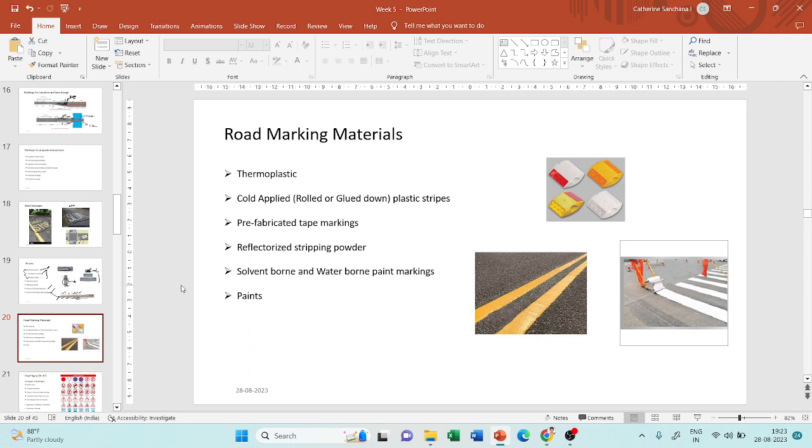Now moving on to road marking. We said that we will see two cases: road markings, and sorry, I missed road marking materials. What materials do you use for making this? One is road studs. They are reflective in nature.